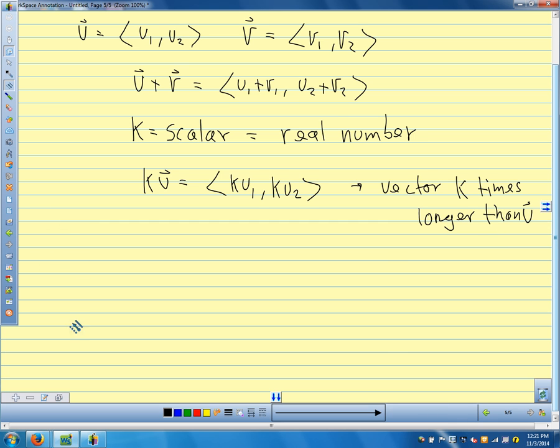And geometrically, we add vectors head to tail. So if these are my axes, this is y, this is x.